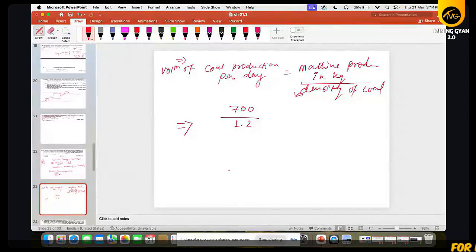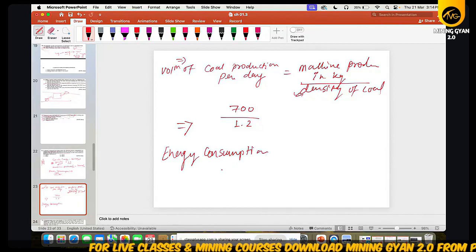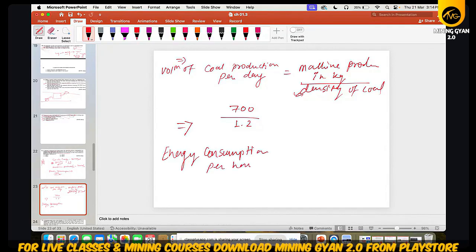Okay, and now we can calculate energy consumption. Energy consumption per hour, what will be the value? 700 divided by 1.2. This is the per-day production.